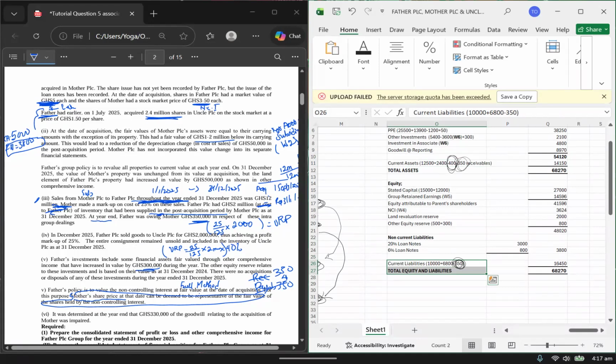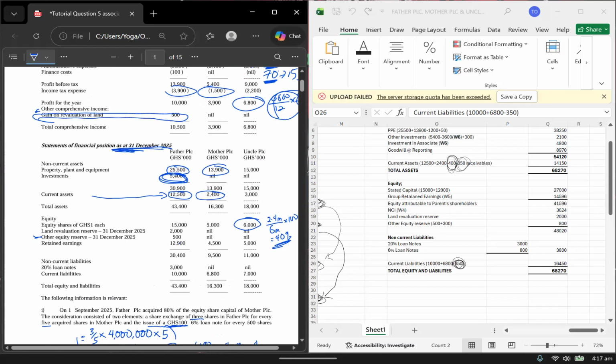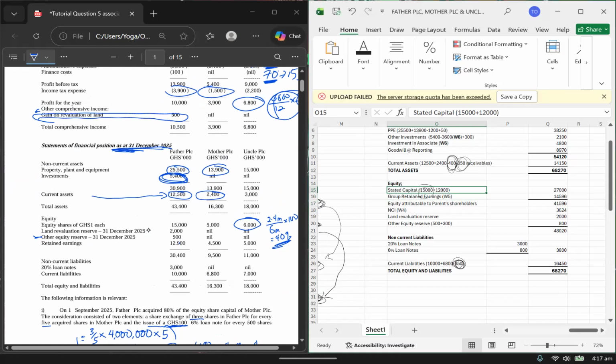Now, equity, stated capital. This stated capital will bring only the parent's own. Initially the parent was having 15,000.